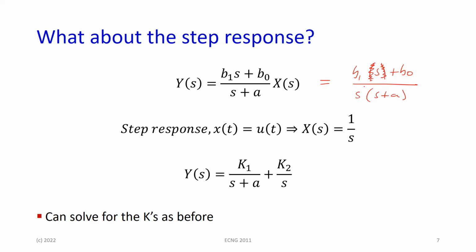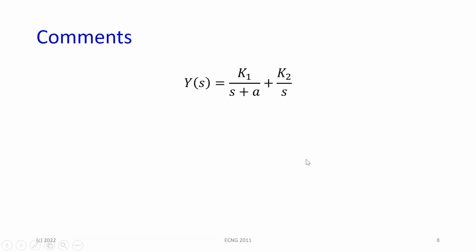Notice now that the transfer function is proper. The order of the numerator is 1, the order of the denominator is 2, because if I open this, I'll have an s squared. So now this is going to be some constant over s plus a plus some constant over s, and you solve for k1 and k2 as you're accustomed to doing.